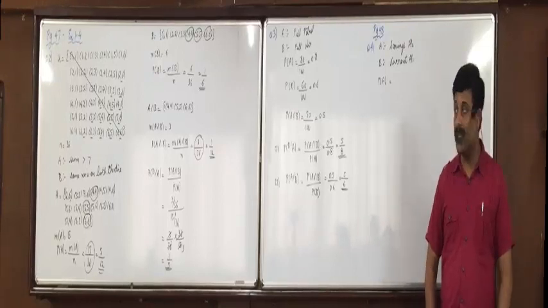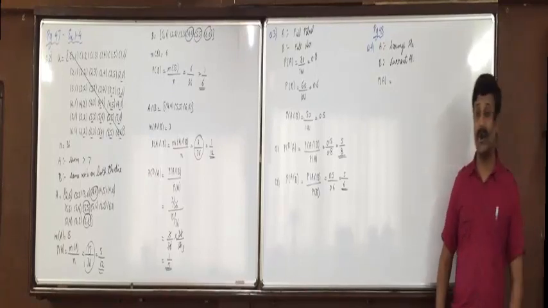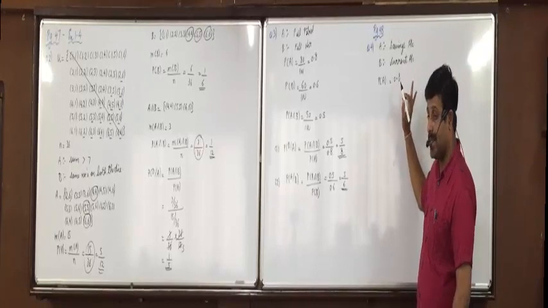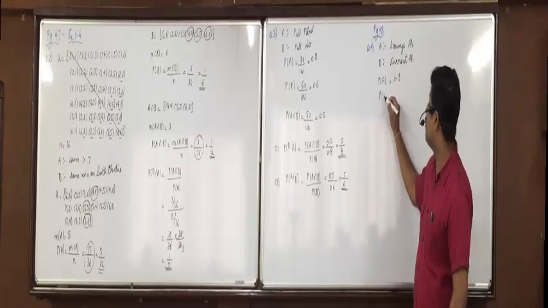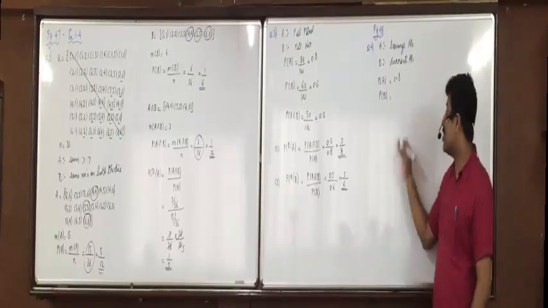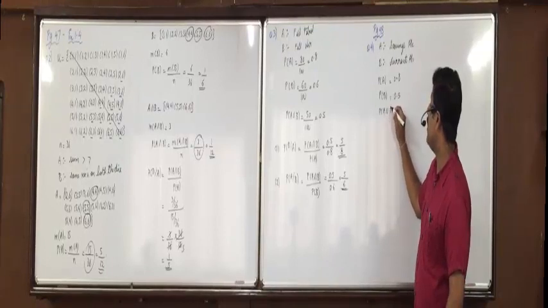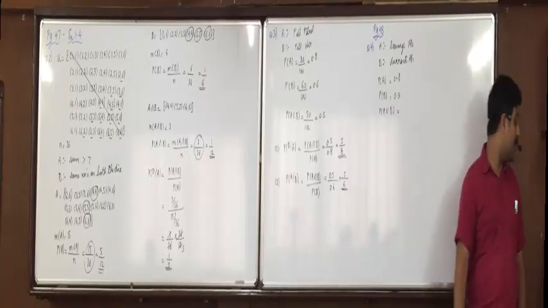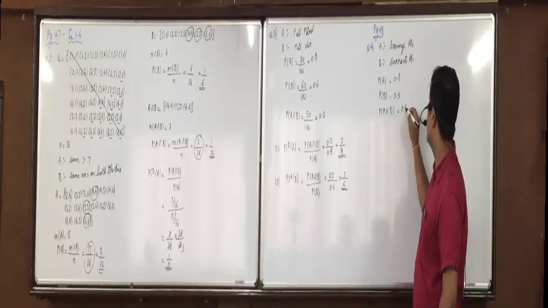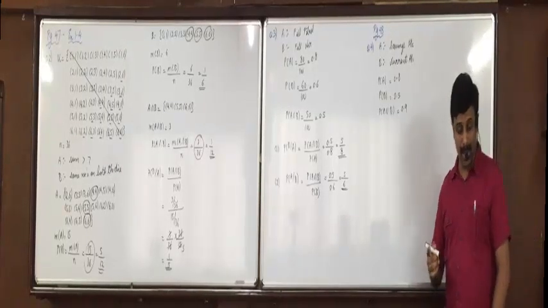Written that. Now see, PA is given as 80%, means 0.8. Now I am directly writing it. All understand this? Then PB, 50% means 0.5. And the third one is P A union B, that is 90%, means 0.9.